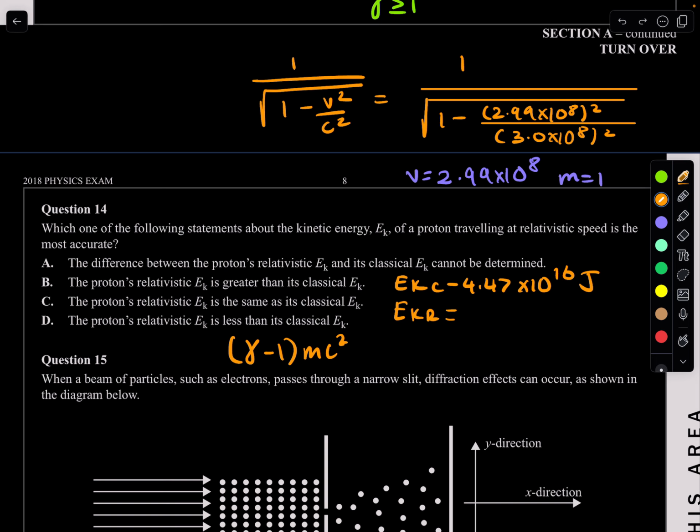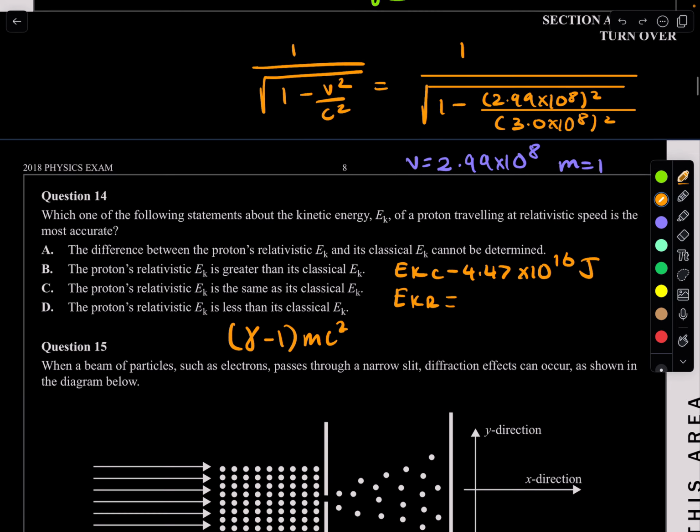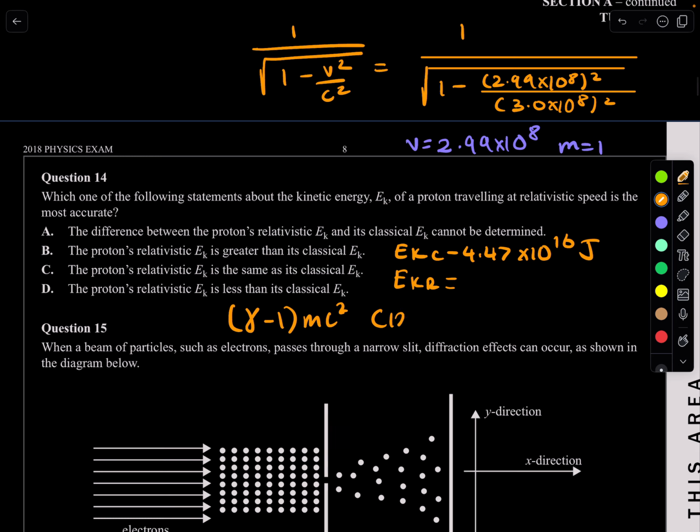And that gives us 12.25. Good. So we can say that 12.25 minus 1, mass is just still 1, and c squared is 3.0 times 10 to the power 8 squared. Done. Let's do that.